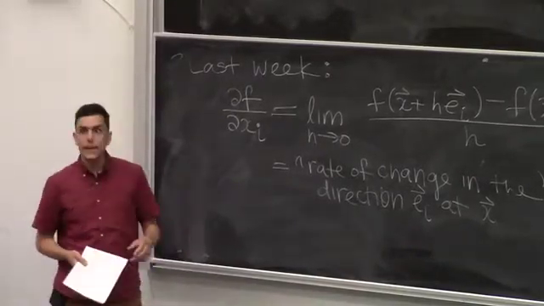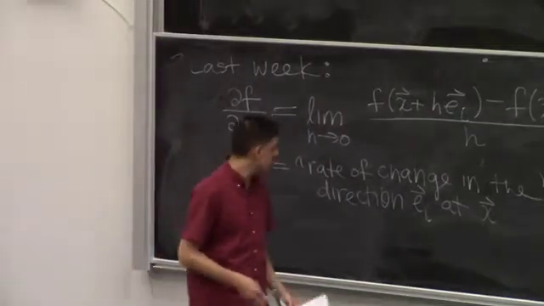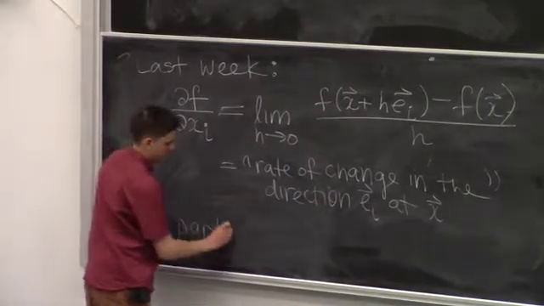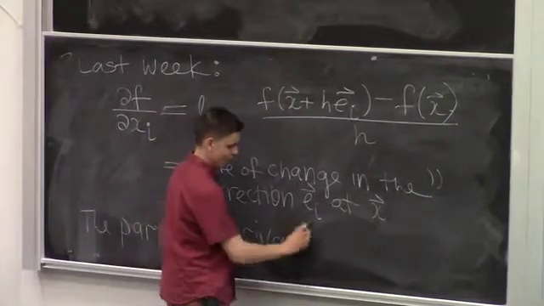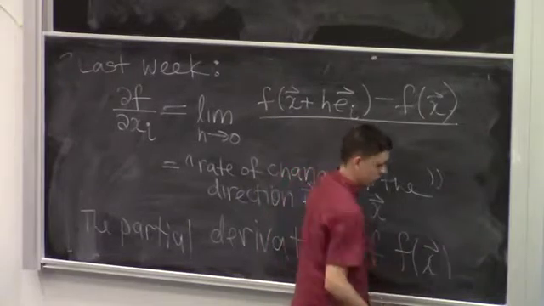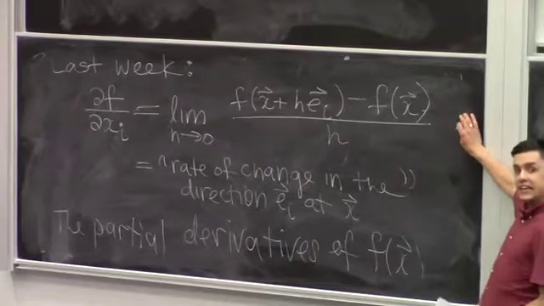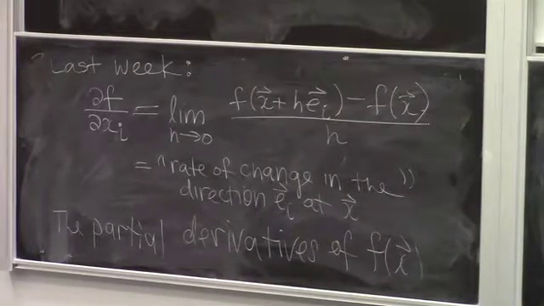Okay, very good. So that's what the partial derivatives are. If we've got a function of n inputs, then we're going to get n partial derivatives. But I want to point out that we need to be sort of careful with this definition because it's more subtle than it looks.